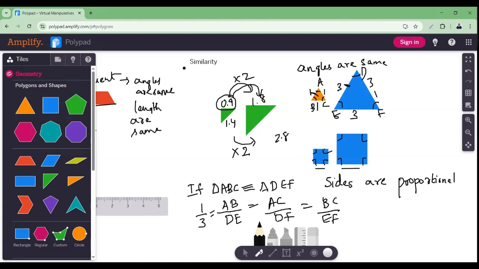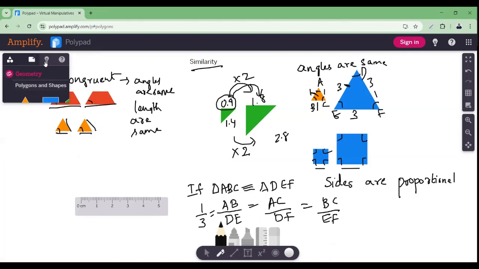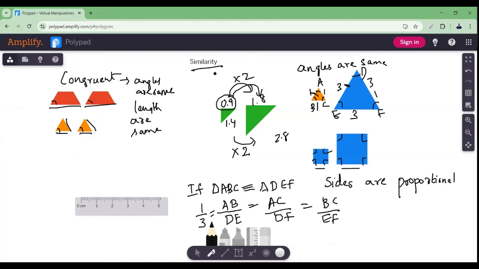So for similarity, two things need to be there. One is angles: all angles are the same. And sides are proportional. Let me write it very clearly again for your understanding.